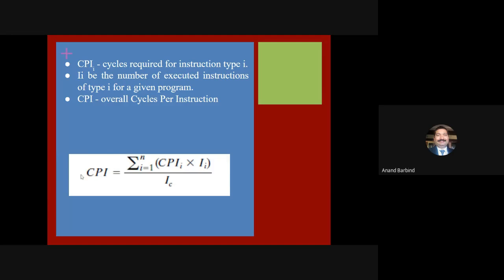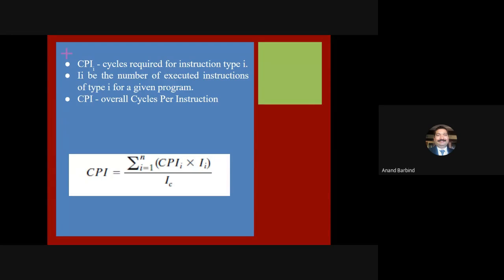That means for that particular computer, the overall CPI can be specified, with which you will know the average cycles per instruction for that particular processor.